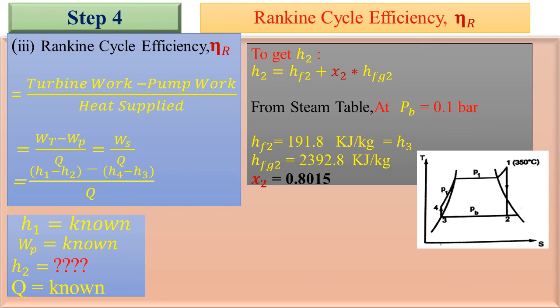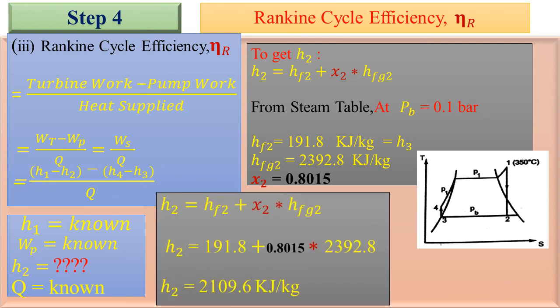Both values are selected at 1 bar. Also we have already calculated X2, the dryness fraction, which was 0.8015. So we substitute all the values: H2 is equal to HF2 191.8 plus X2 0.8015 into HFG2 2392.8. After substituting all the values we get enthalpy at point 2, that is 2109.6 kilojoule per kg.